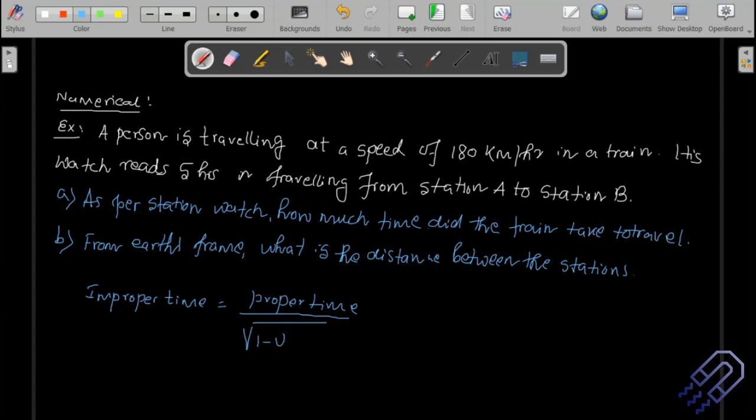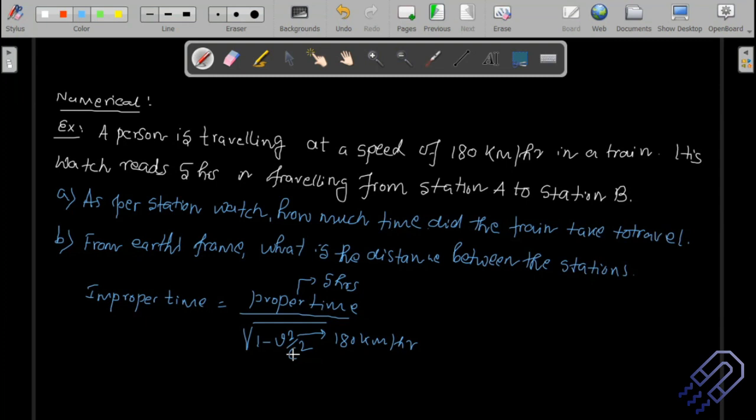Proper time is already given to be 5 hours. Improper time you can calculate after you replace v with 180 kilometer per hour. Of course, you should convert it into meter per second, because c is considered in meter per second, and do the calculation and check the order of the time.